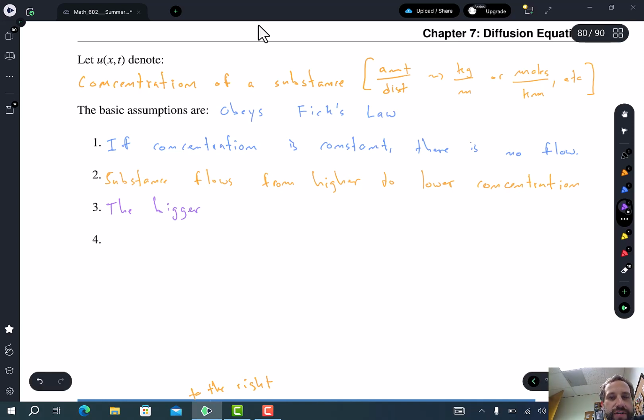So the bigger the difference in concentration, the bigger the flow.